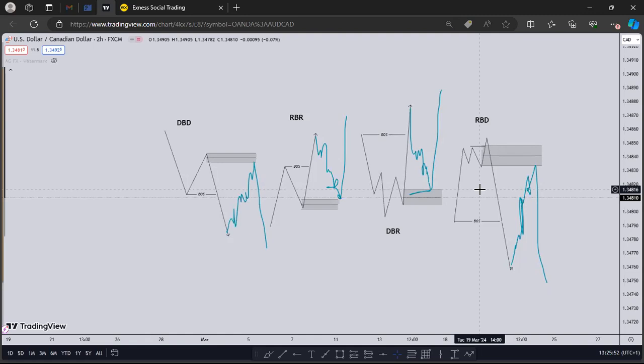If you guys have not read the PDF, go to the PDF, scroll down to supply and demand, and you see the four types of supply and demand, how to trade them, and what you need to look out for when trading supply and demand. As I told you guys, you'd want to see a clear break of structure, trade your market off of your base, and make sure you look out for confluences and everything.